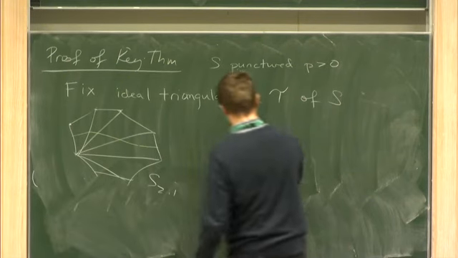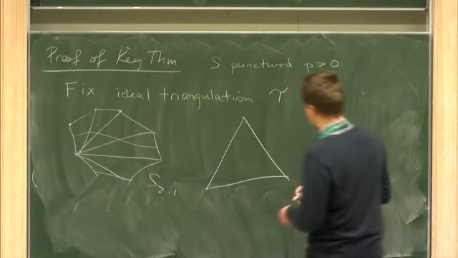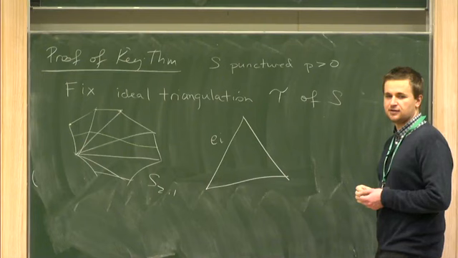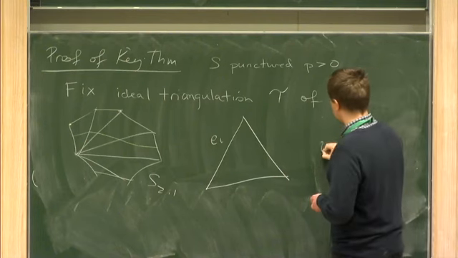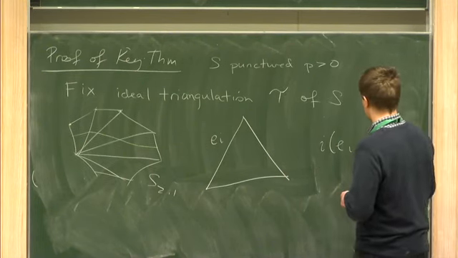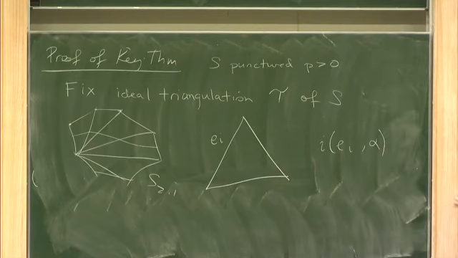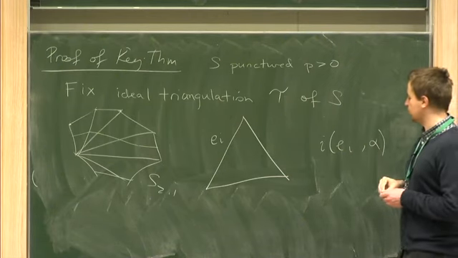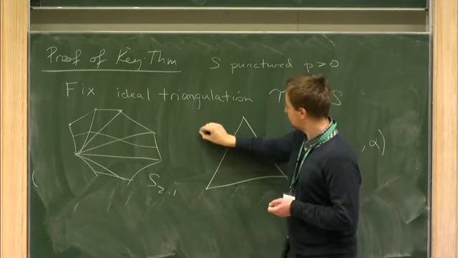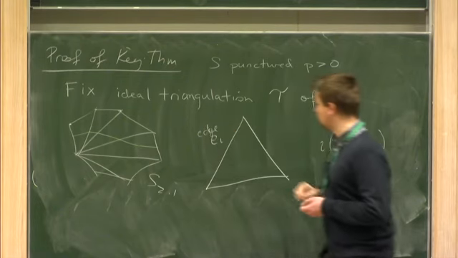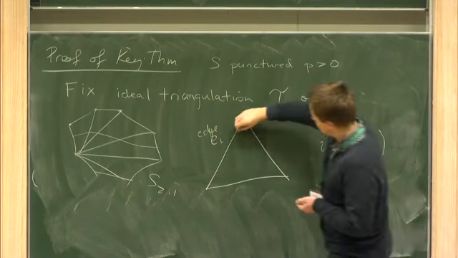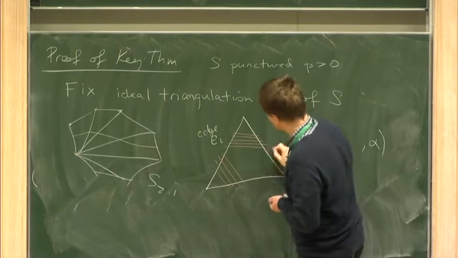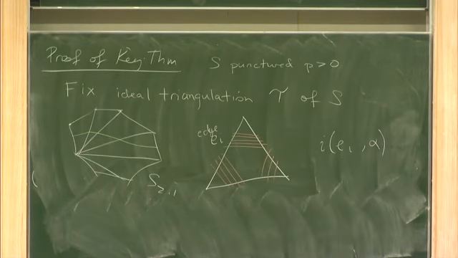So in general, if you have edges e_i of the triangulation, you tell me the numbers of how much alpha intersects each edge e_i of T. And these numbers determine exactly the curves alpha and beta.